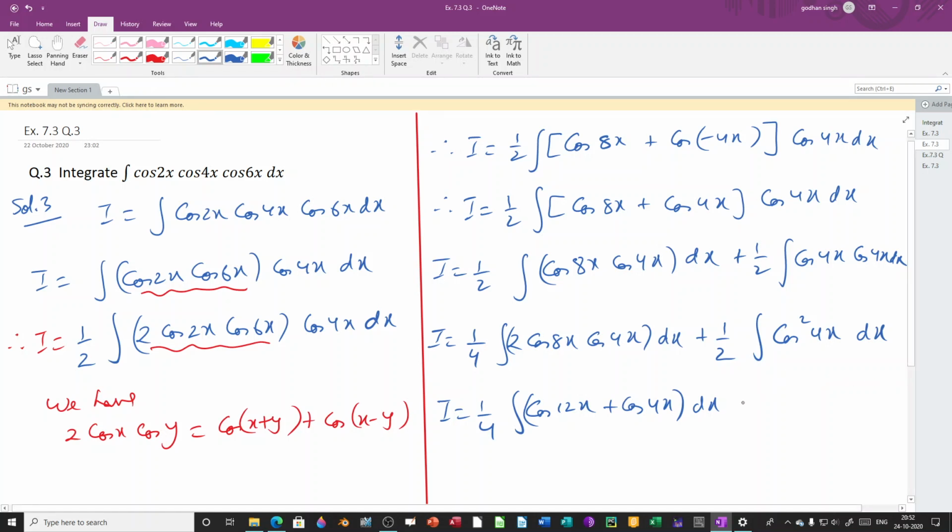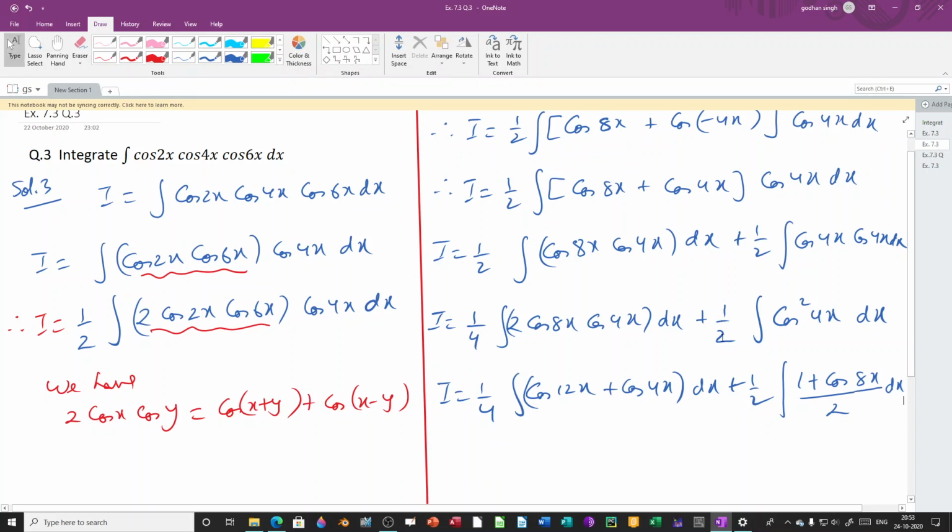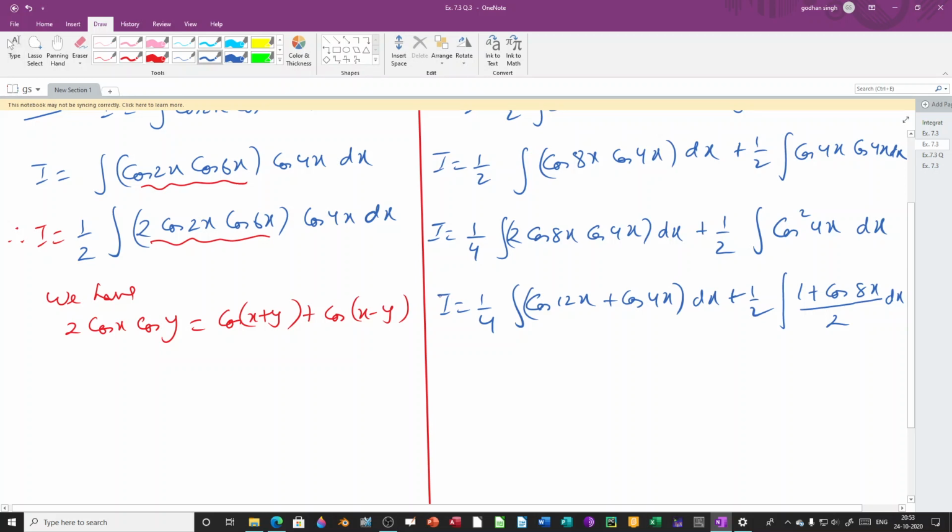So plus half integration of cos square 4x, which can be written as 1 plus cos 8x over 2, dx, because cos square x is 1 plus cos 2x by 2.